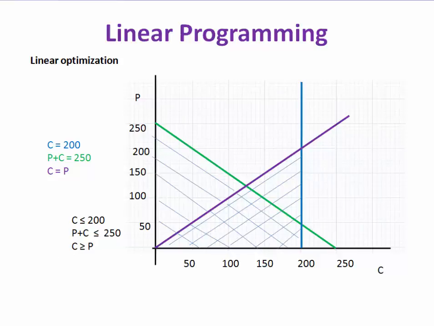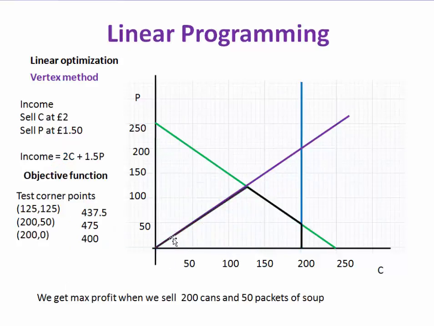So the feasibility region, if I highlight that, is this in the black lines, and we get the maximum and the minimum by testing these points, these vertices here, this 1, 2 and 3. Now we're given this as our objective function. So we're going to sell our canned soup at £2 and the packet soups at £1.50.